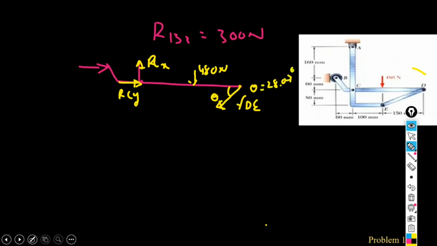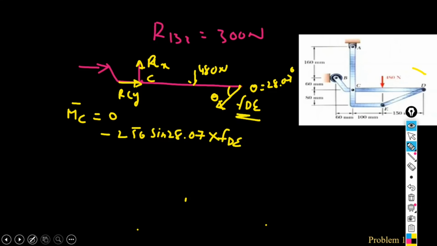If you take moment about this point C, then minus 250 into sine 28.07 into FDE, let this be FDE, minus 480 into 100, minus 300 into 60 is equal to 0.